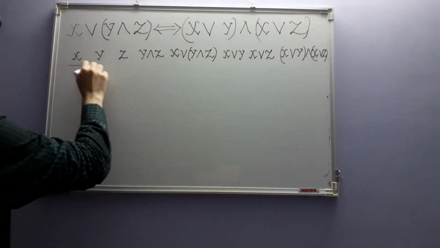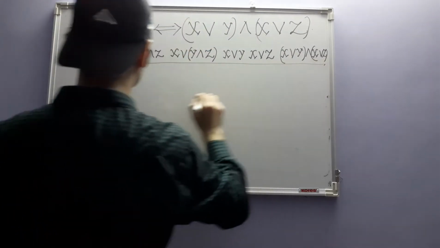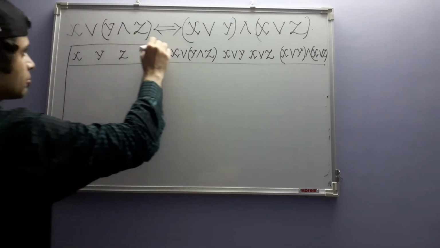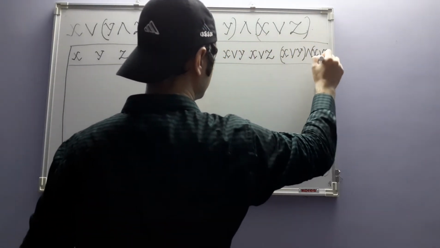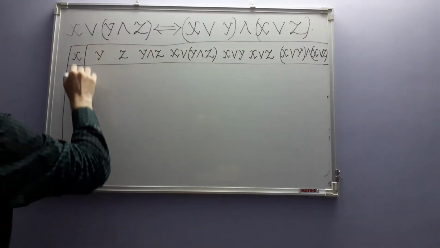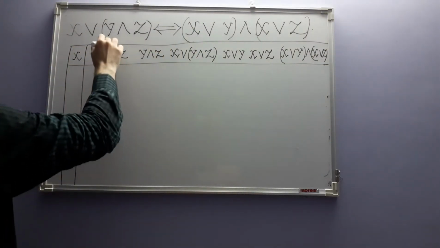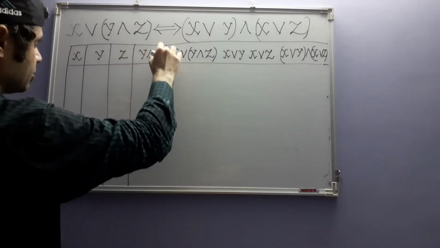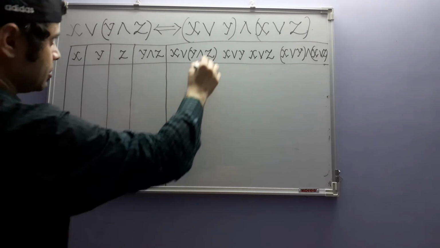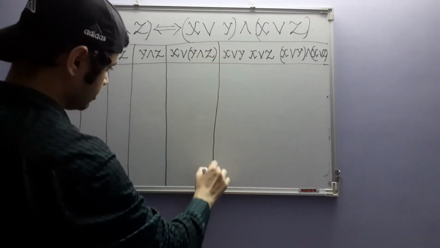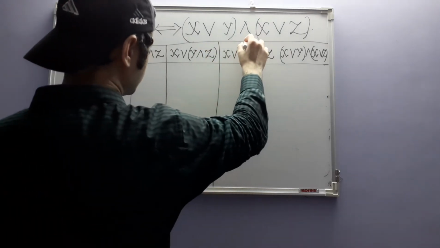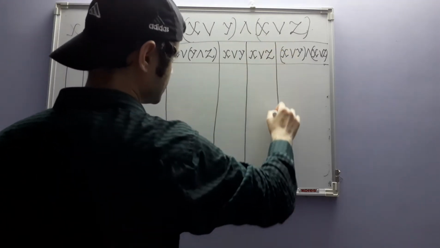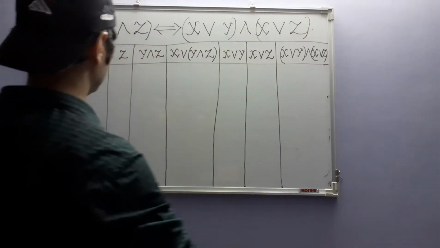Okay. Now let me draw the lines first. It's a huge table. So this is the column for X, Y, Z or Z, Y and Z, X or Y and Z, X or Y, X or Z, and finally this one.